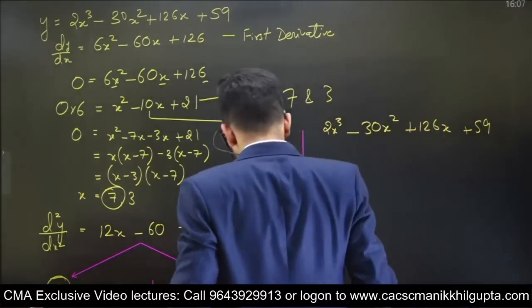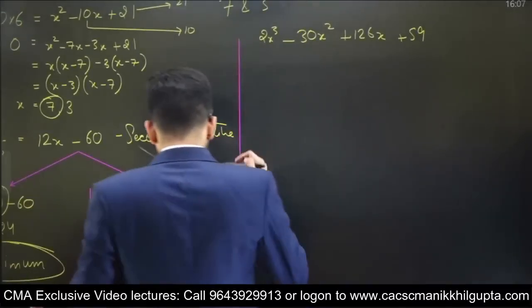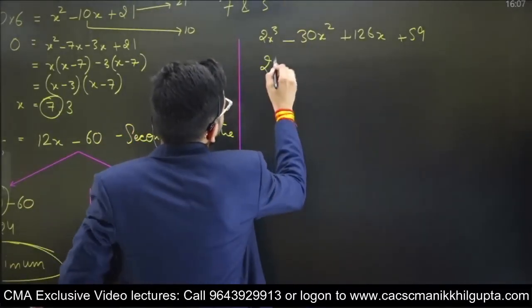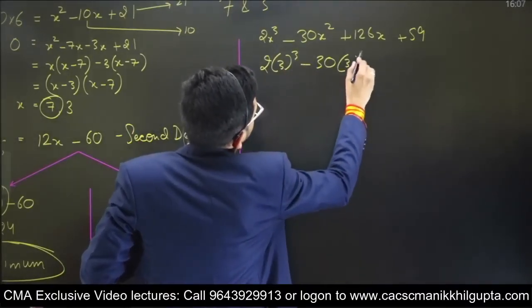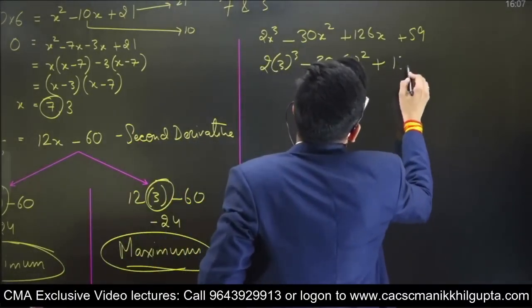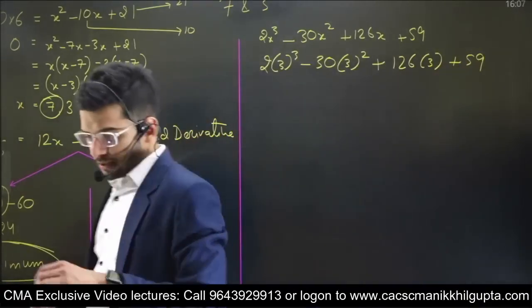Okay, I'll put 3 in place of x, which will yield me the maximum result. 2 into 3 cube minus 30 into 3 square plus 126 into 3 plus 59. Let us compute the answer.